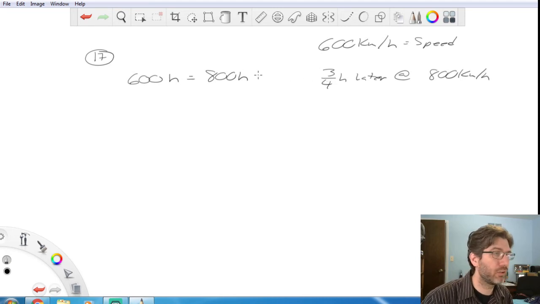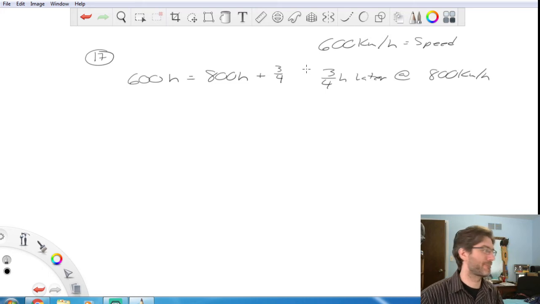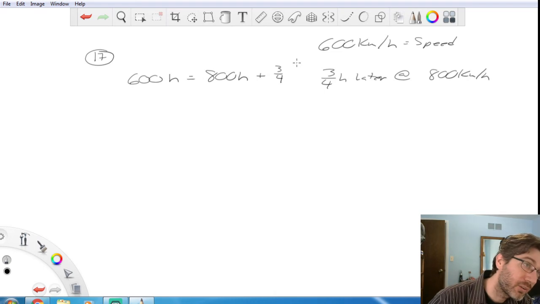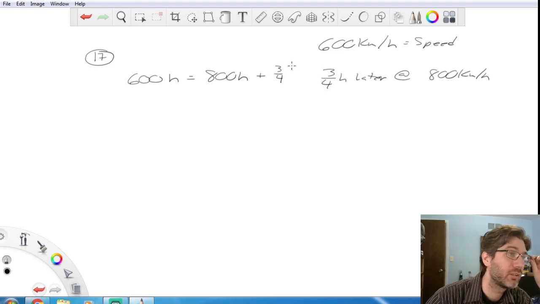And then it also has, what is that? Leaves the airport 3/4 of an hour later. And it also has to come up with another 3/4 of an hour. It has to make that up. If you want to change the 3/4 of an hour to a decimal, you can.